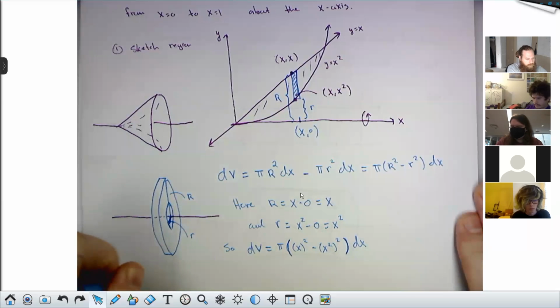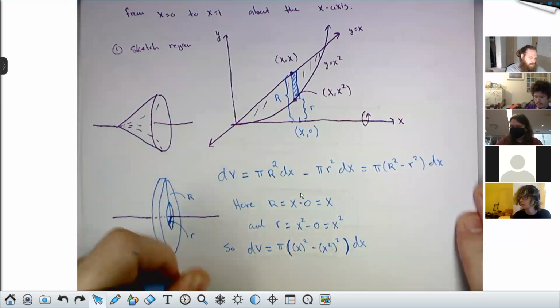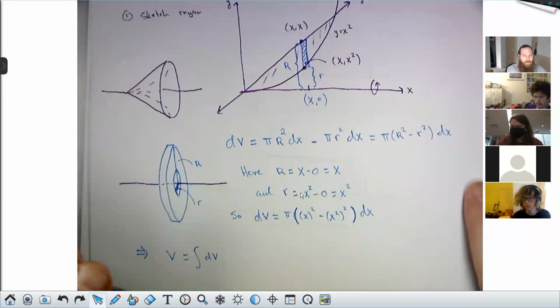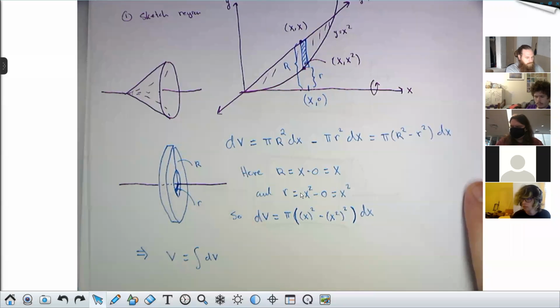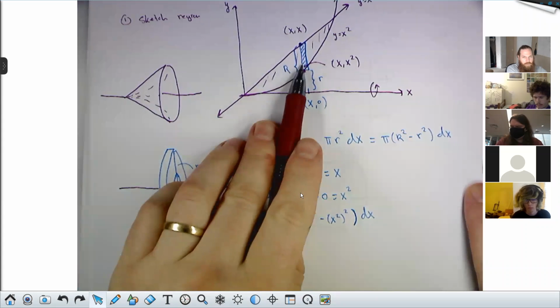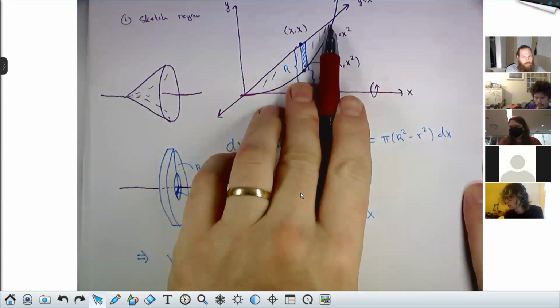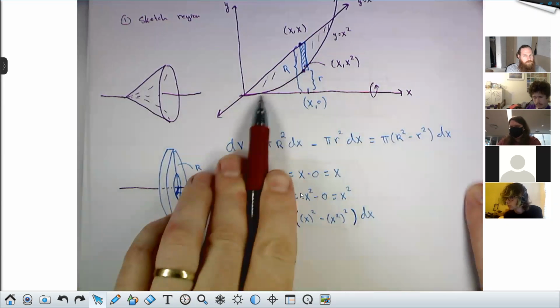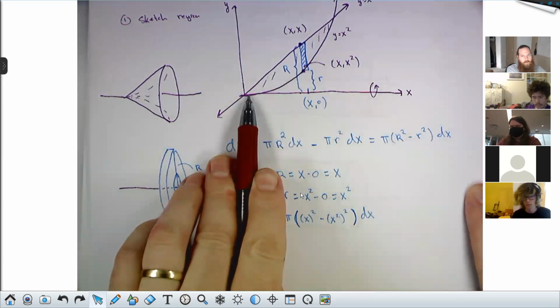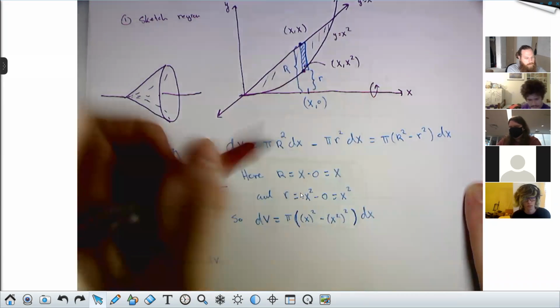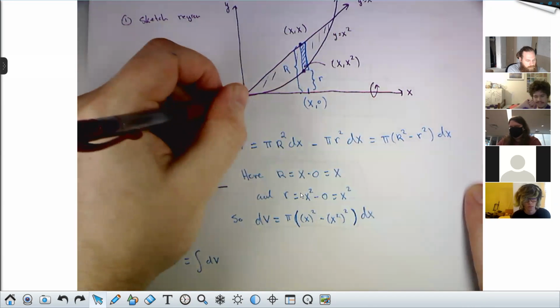So now I know dV. That means V will be the integral of dV. And I need to think carefully about my bounds. I need to imagine this strip moving from all the way over here to all the way over here. What are the x values? Well, this is clearly x equals 0.